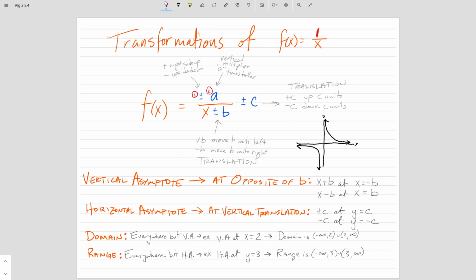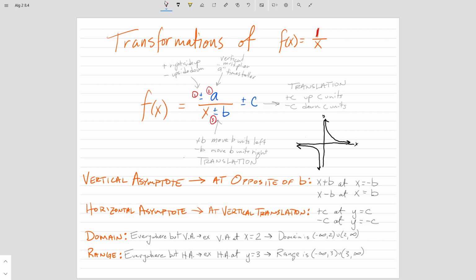And then the third piece of information you look at is the numbers that are added or subtracted on the x. Now, just like when it was in parentheses, the numbers that are added and subtracted directly on the x move it left and right. And it's the opposite of what it seems. So plus b would move to the left, minus b to the right.